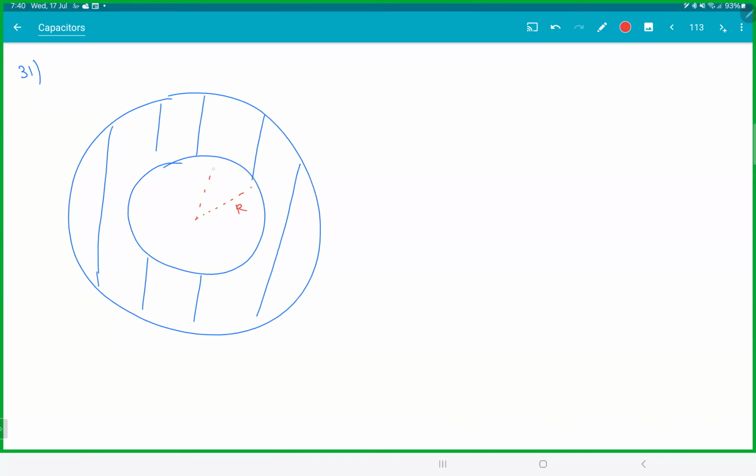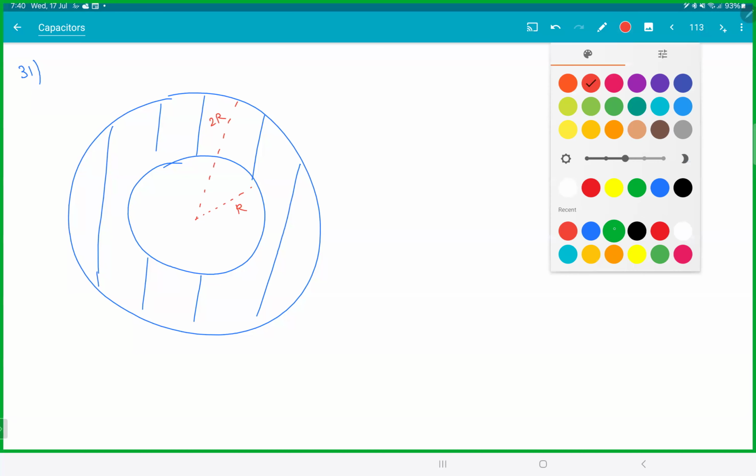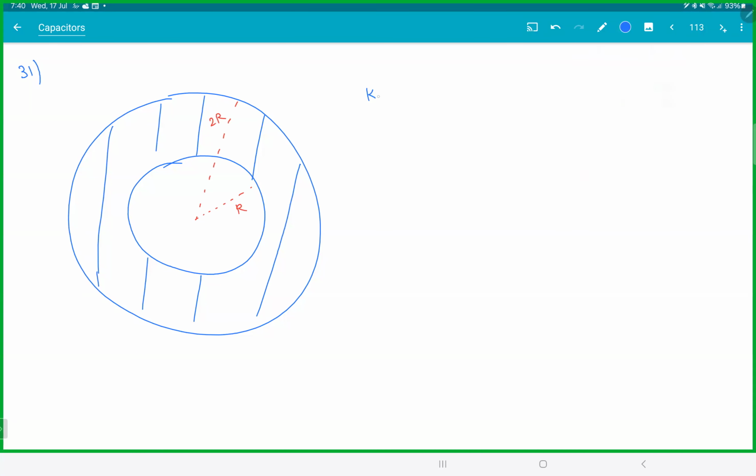This is R. This is 2R. The dielectric constant K is given by K naught R, where R lies between R and 2R. So it's not constant, even the dielectric constant is changing.